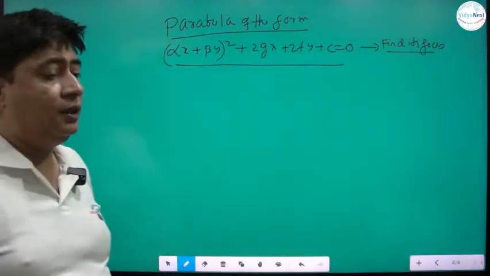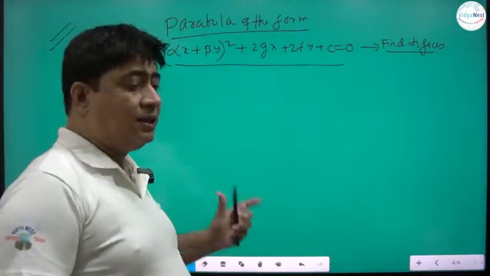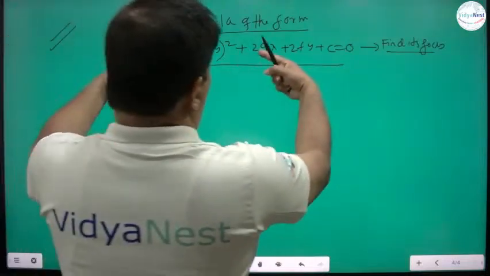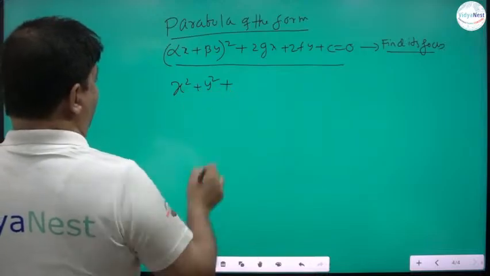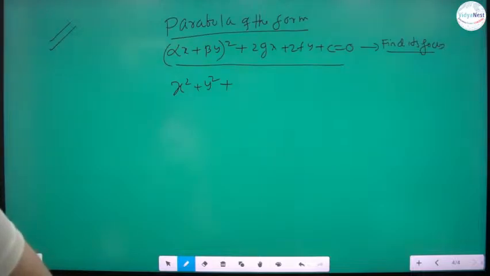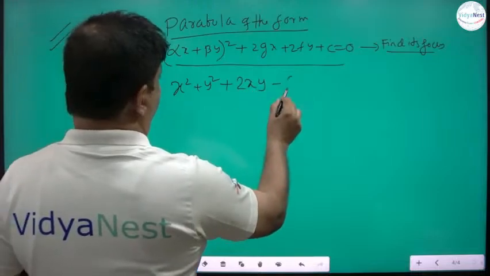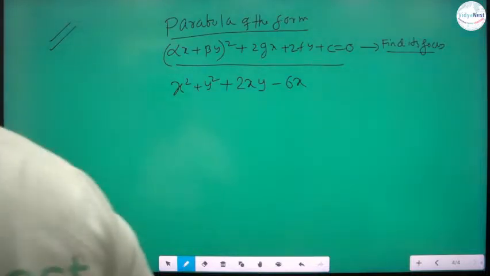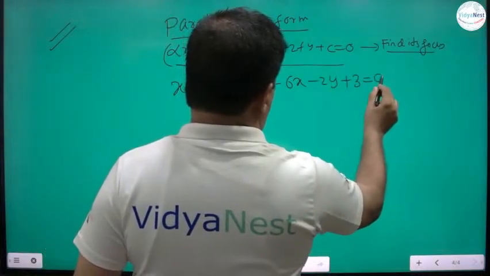See, instead of going through theoretical jugglery, let us take one example. This is a general term. I am choosing one specific: x square plus y square plus 2xy minus 6x minus 2y plus 3 is equal to 0.